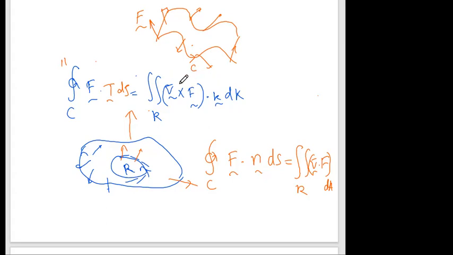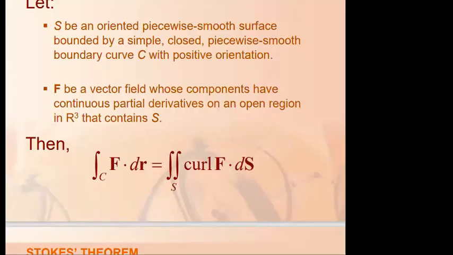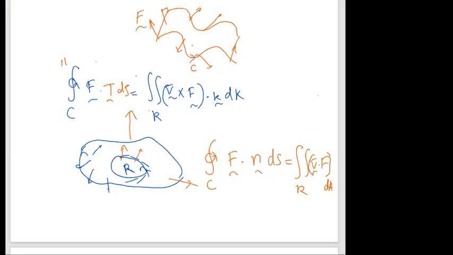Which is the same with the circular density, the curl. So the double integral over this region, let's say this is the region R, of curl of F times A.